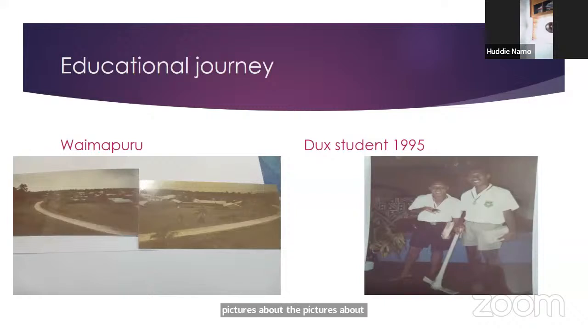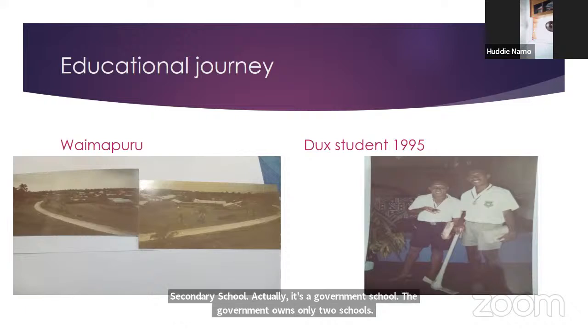On the left is my school, Waimapuru National Secondary School. Actually, it's a government school. The government owns only 2 schools, Waimapuru and the King George VI School. And then the picture on the right is me as the DAC student in 1995.